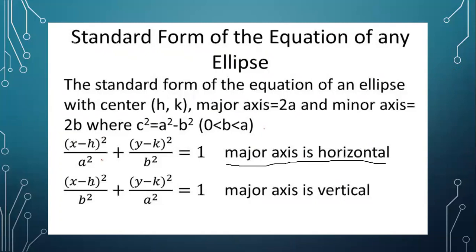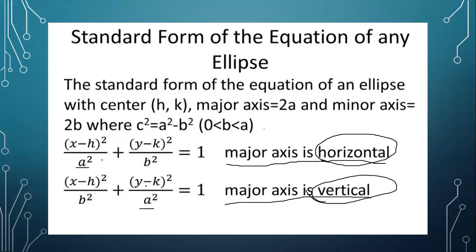And then (x minus h) quantity squared over b squared plus (y minus k) quantity squared over a squared equals 1 if the major axis is vertical, or in the y-axis. Again, if horizontal, our longer axis is in the x-axis, meaning our a is found under x. Vertical, the y-axis, meaning our a is found under y.